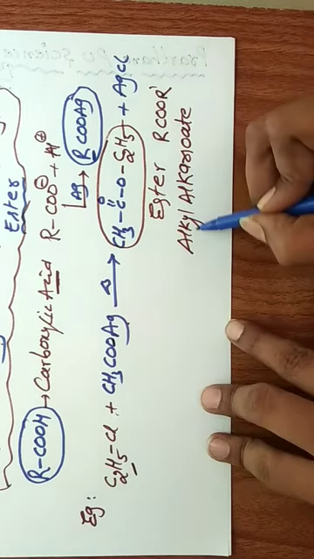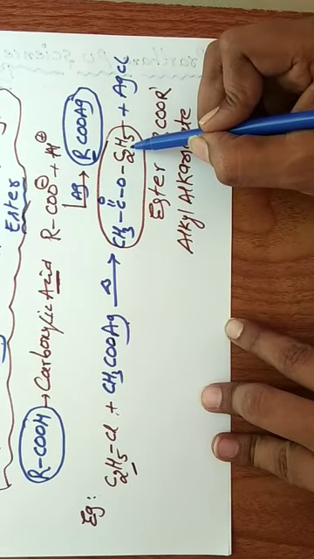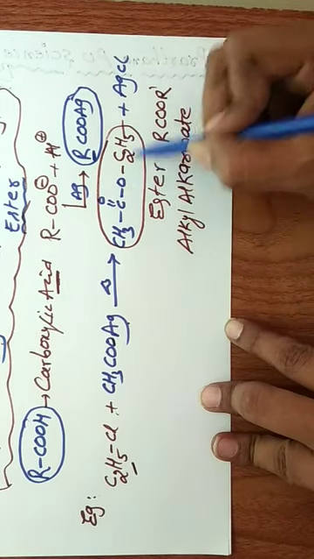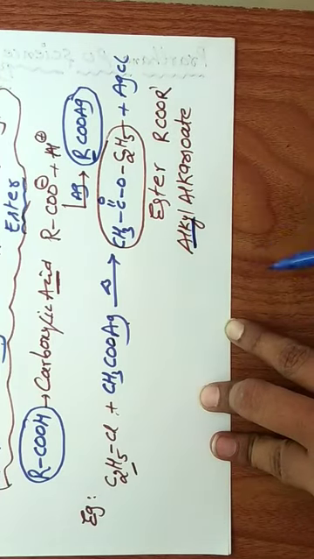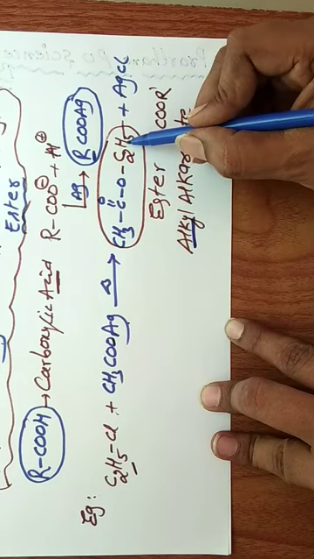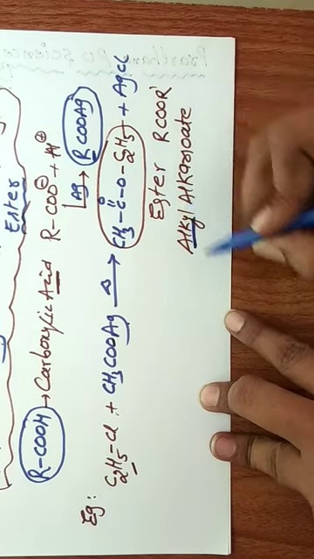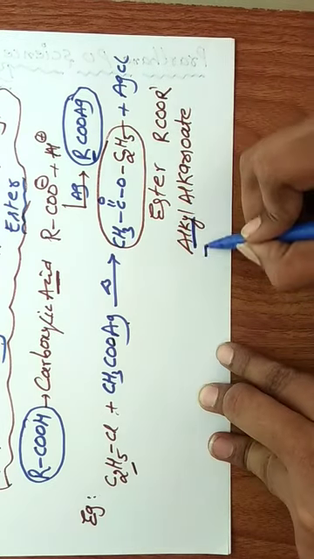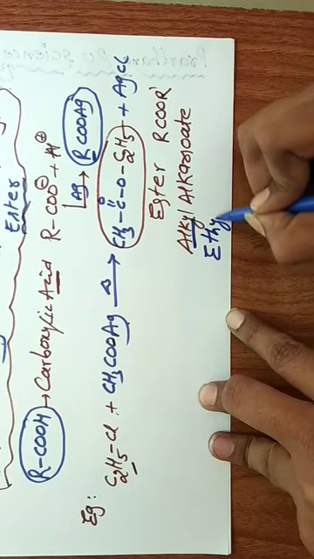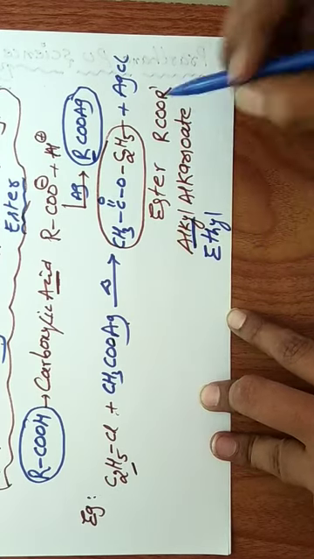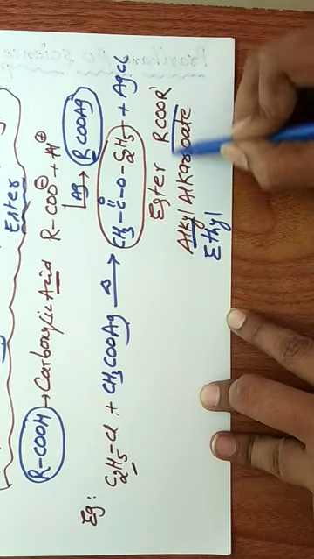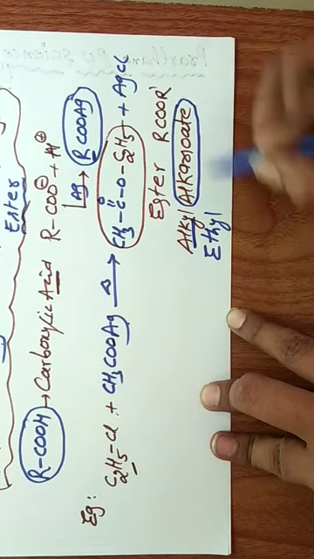The alkyl group which is attached to oxygen, that alkyl part we take as the alkyl group. Here oxygen is attached to C2H5, two carbons, so that is ethyl. Next, the remaining part is alkanoate.